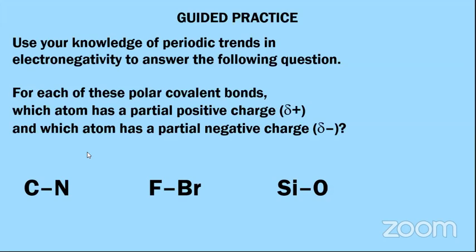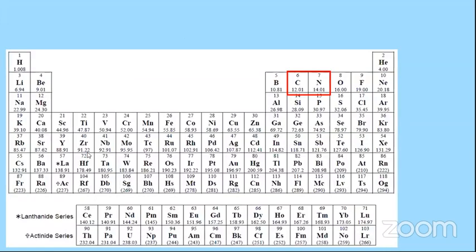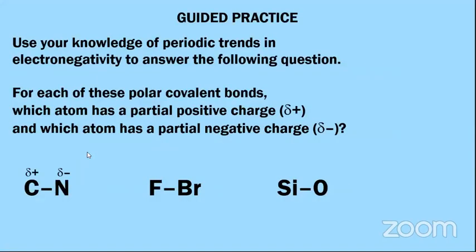Once you find the elements, can you tell me which element is more electronegative based on the position on the periodic table? And that will help you decide who gets a partial negative charge. So if you're looking on your periodic table along with me, you will notice that nitrogen is further to the right. And if nitrogen is more electronegative, it's going to have a partial negative charge.